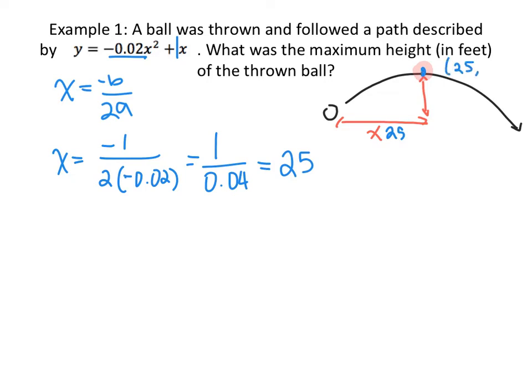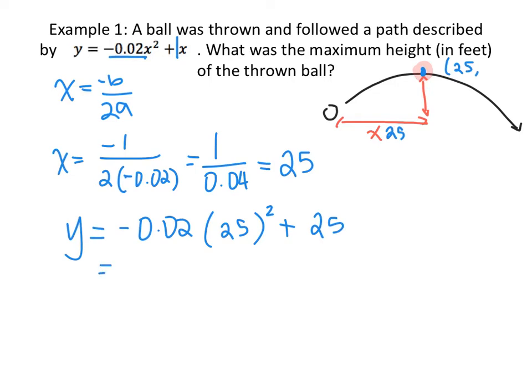In order to find the y value, I'm just going to plug it into the original function. So we have y is equal to negative 0.02 times 25 squared plus 25. Using PEMDAS, which tells me that I'm going to first evaluate my exponent and then multiply and then add this 25, I'm able to find out that y is equal to 12.5.